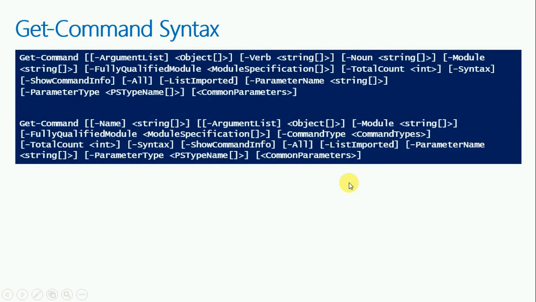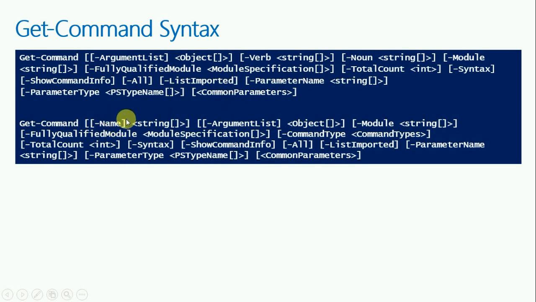Here you can see the syntax of Get-Command. There are two sets of syntaxes. The only difference is that in one you can see Name, and in the first one Verb and Noun. All other parameters are common to both combinations.